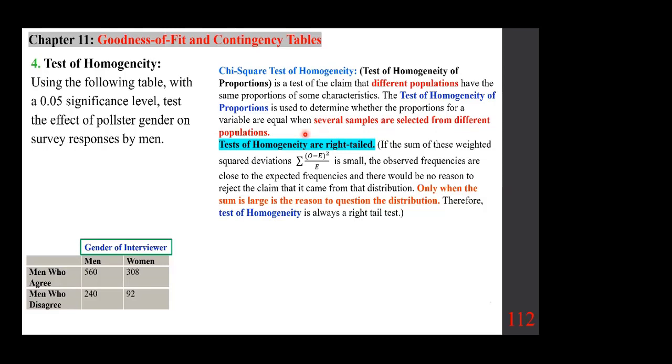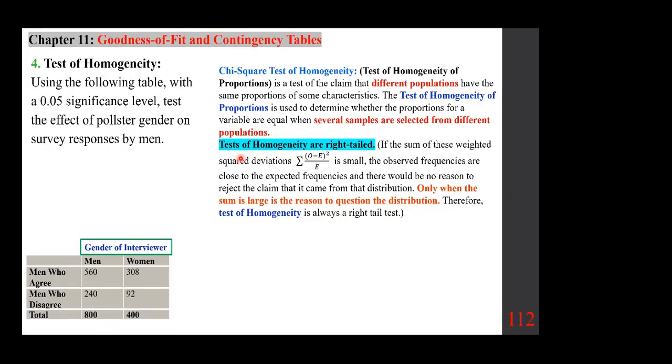If you recall, the test of independence is for a single population. Now this is for different populations. Test of homogeneity is also a right tail test, for the same reason that we went over for the other two tests, the test of independence and goodness of fit.